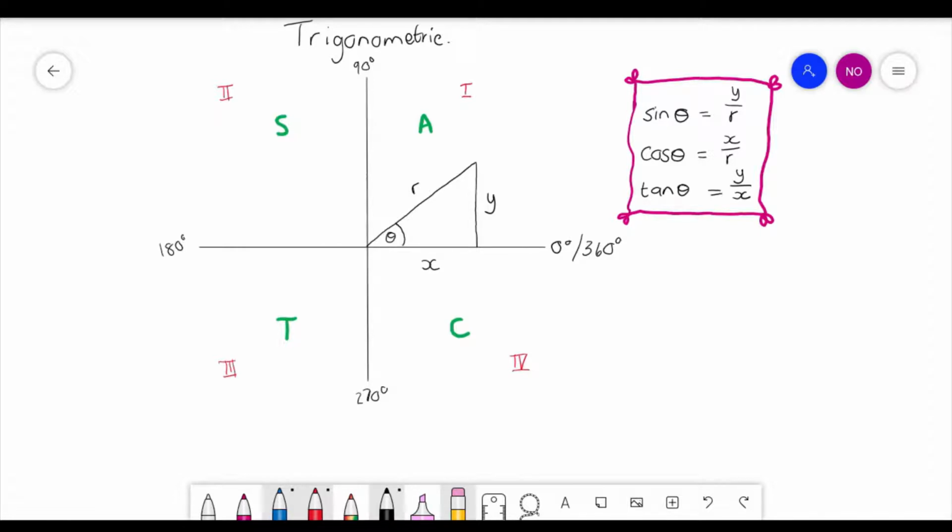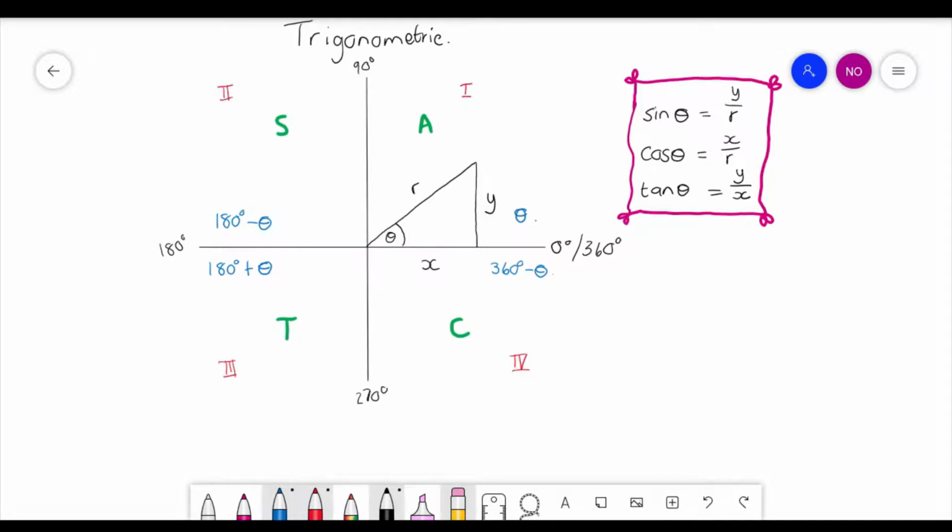So my herleidingsformules is in hierdie kwadrant net theta, lekker maklik. In hierdie kwadrant werk ek met 180 grade minus theta, in hierdie kwadrant 180 grade plus theta, en in hierdie kwadrant 360 grade minus theta. And we'll practice some of those as well.